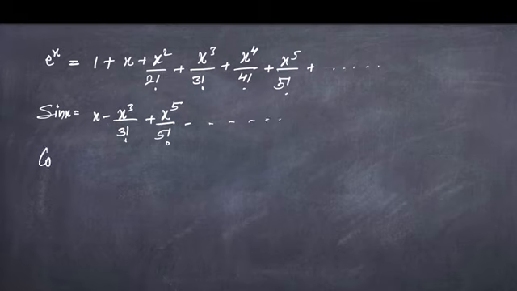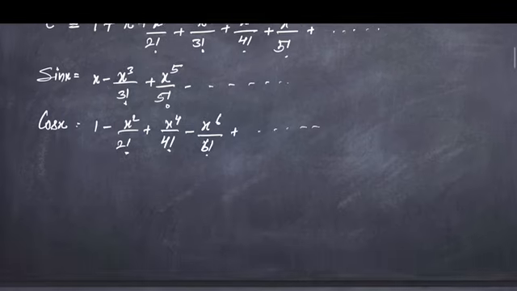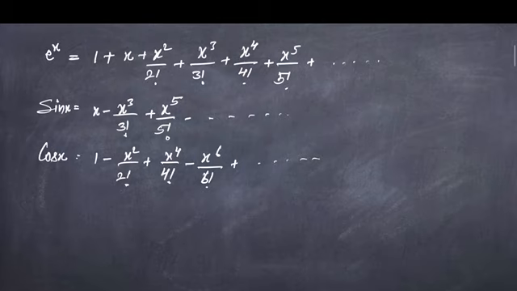For cos x, it is 1 minus x square upon 2 factorial plus x to the power 4 upon 4 factorial minus x to the power 6 upon 6 factorial and so on. These are the Taylor series expansions of the trigonometric and exponential functions. We will use these expansions to prove the above Euler's formula.